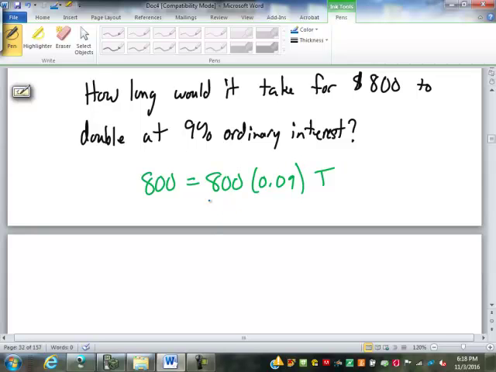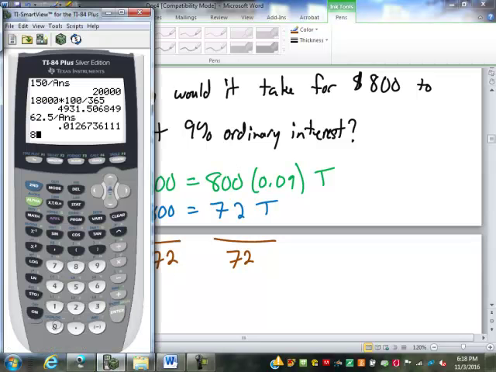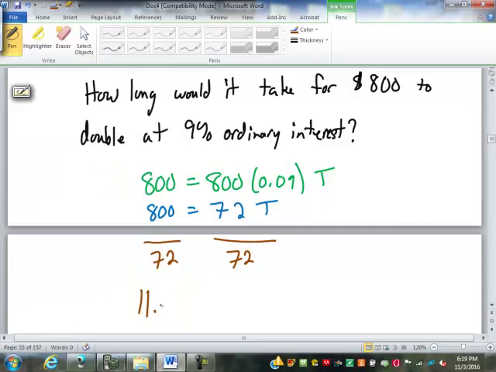Realistically here, we could do some cheating, but I'll go ahead and do this the long way. 800 times 0.09 is going to be 72 times t, and we'll solve for t by dividing by 72. That gives us 11.11 years is our time.